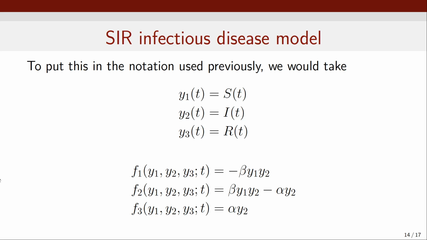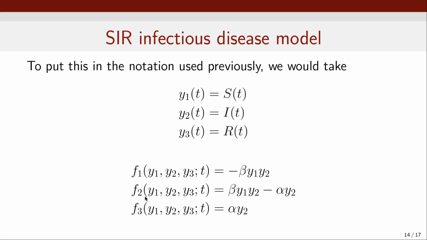Okay, so we can put this system in the notation we used previously. For example, we could take y1, the first component of the vector, to be S, the second component equal to I, and the third component equal to R. And then the function f1 of the vector y would be equal to minus beta S I, or minus beta y1 times y2.